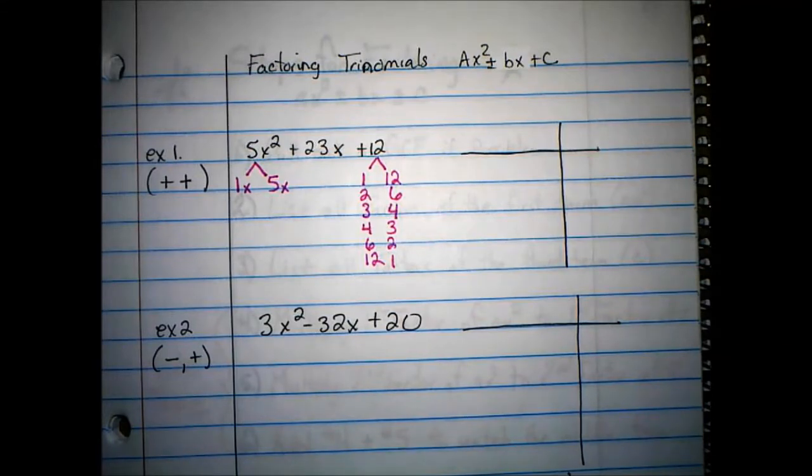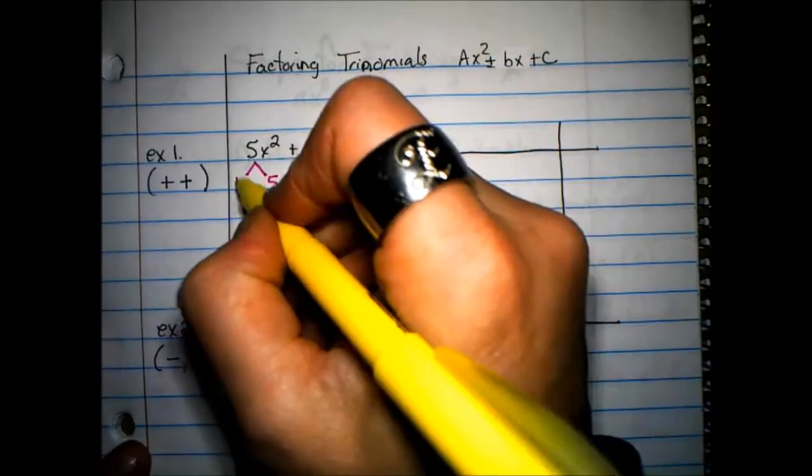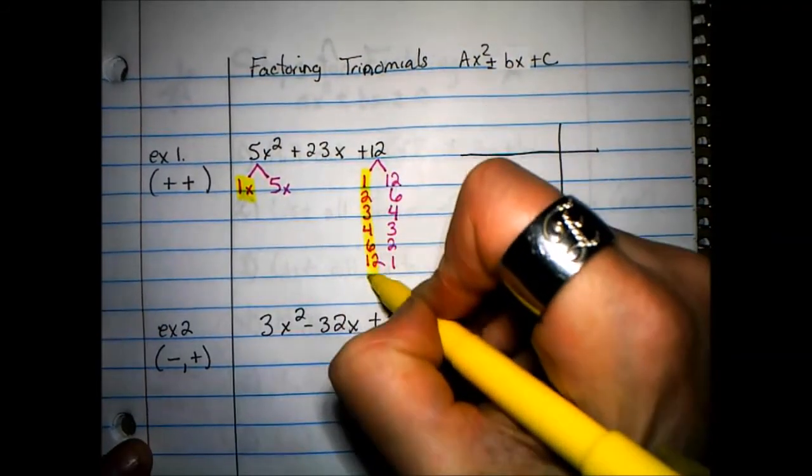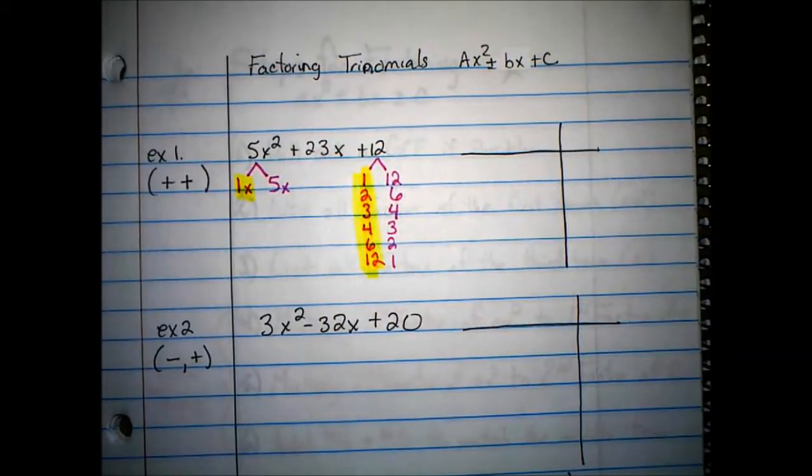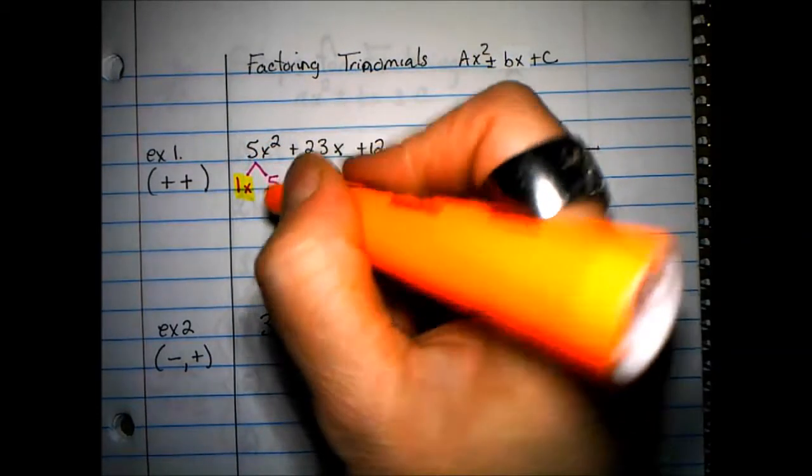Okay, the next thing now is I'm going to highlight my first columns in yellow, and then I'm going to highlight my second column in orange.